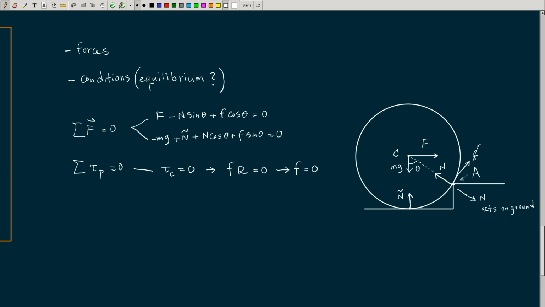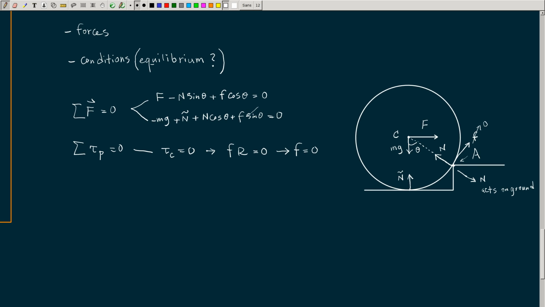So let me just draw a line here and draw 0. In these formulas we're going to say this is 0, so forget about it. There is another condition that will make our life easier, which is the main condition of this problem. It is the condition that we want this wheel to start moving up this bump. To be able to do that, we should think about the moment that this wheel starts to go up.